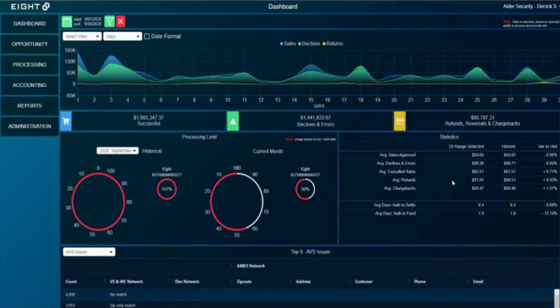Now, one of the things you also note is that in this case, it's rare that their declines are less than their sales. But with almost every merchant we look at, declines, cancels, refunds, and chargebacks are almost always higher than their average ticket. There's a story to that. The higher your price point, the more likely somebody can't pay you, and also the more likely somebody's committing fraud and theft against you.